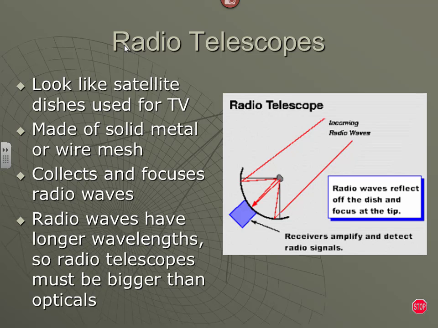That metal or the mesh is what collects and focuses the radio waves. Perhaps one disadvantage to radio telescopes is that radio waves have much longer wavelengths than light waves. So that means that radio telescopes have to be bigger than an optical telescope.